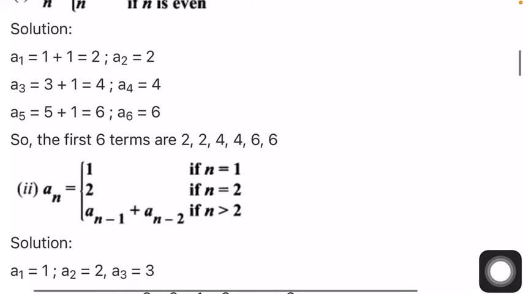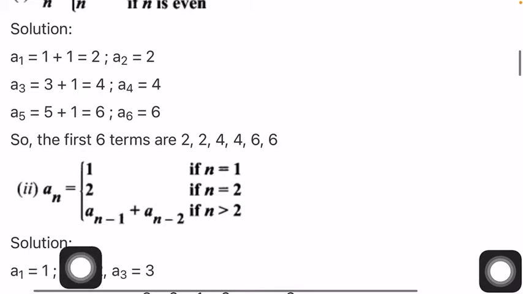So, for the second subdivision, an is equal to 1 if n is equal to 1, 2 if n is equal to 2, and a(n minus 1) plus a(n minus 2) if n is greater than 2. To find the first term a1, we substitute n equal to 1, and we have 1.